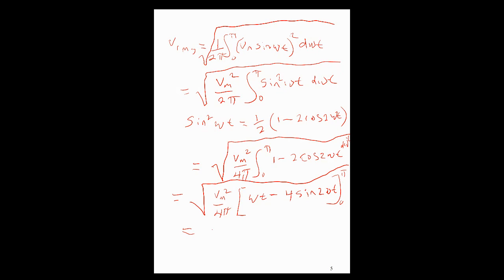So we basically have square root of Vm square over 4 pi times pi, and that is going to leave us with Vm, the peak voltage, over 2, or a half of the peak voltage.